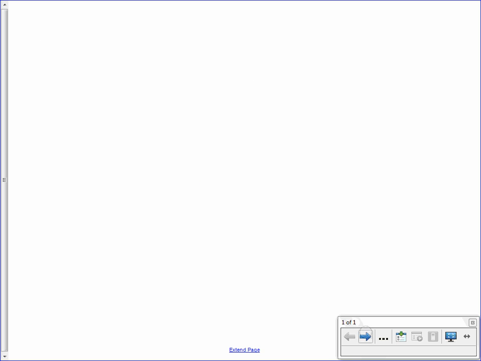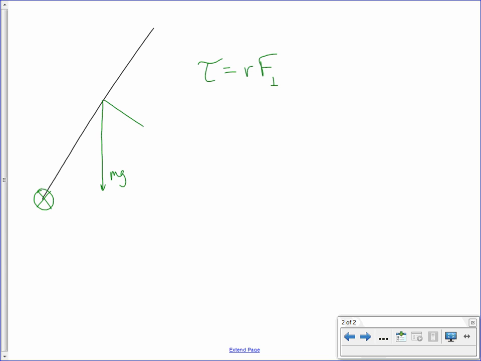Let me do this. If we go back to this problem, it went the other way, right? Here's the boom, and here's mg, and here's our axis of rotation. People will do this. Okay, torque is r F perpendicular. Here's mg perpendicular.